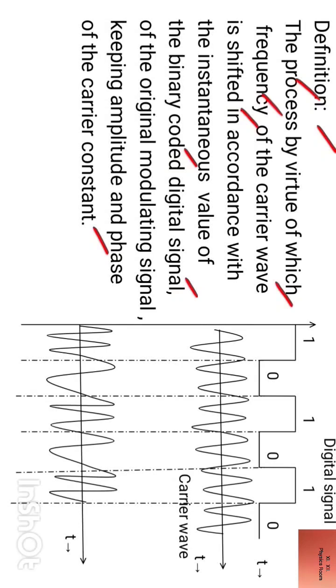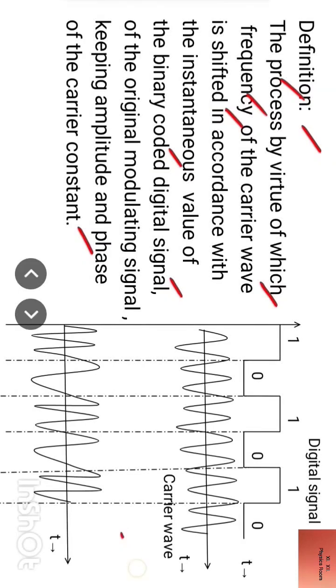I repeat, the process by virtue of which the frequency of the carrier wave is shifted in accordance with the instantaneous value of the binary coded digital signal of the original modulating signal, keeping the amplitude and phase of the carrier constant. Now look at this diagram.